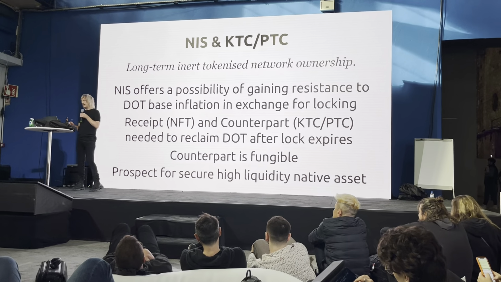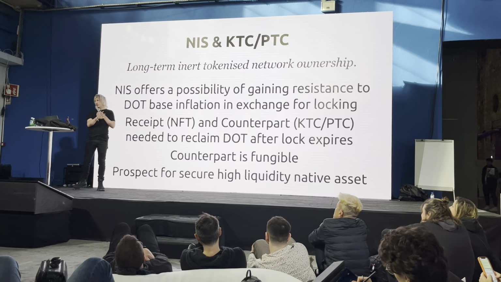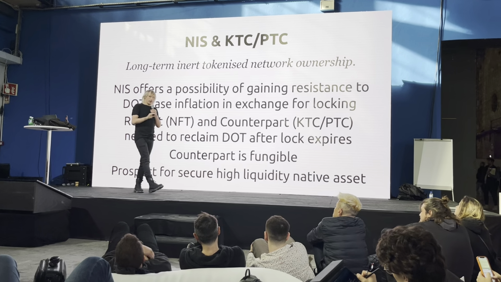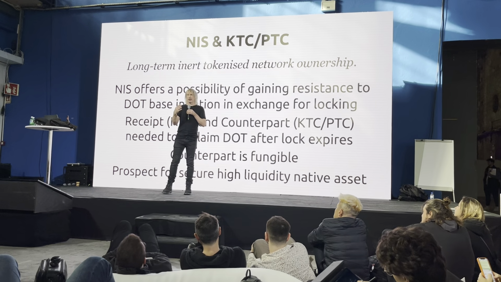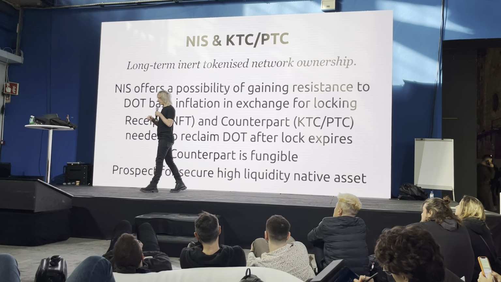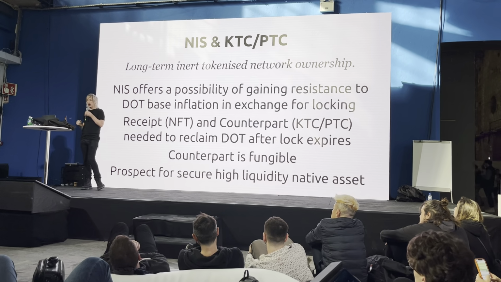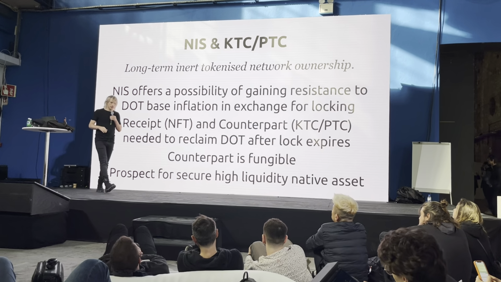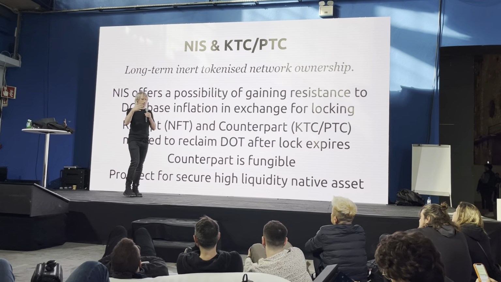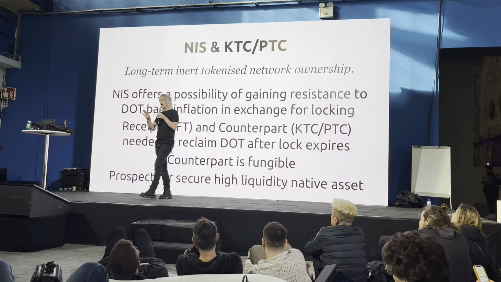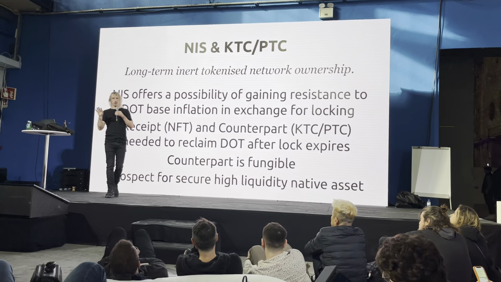Now, the interesting thing is that in addition to the NFT, there's also a counterpart receipt, which is fungible. And it's based upon a particular upper amount of tokens, some amount of tokens that represents 100% of the network, 100% of market cap, right? So you get your 0.01% NFT, but you would also get 0.01% of fungible tokens as well.